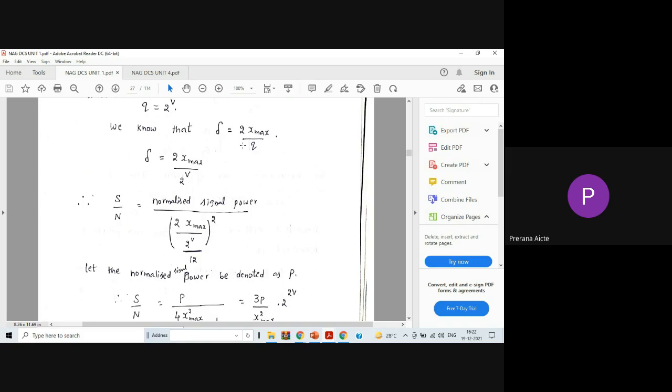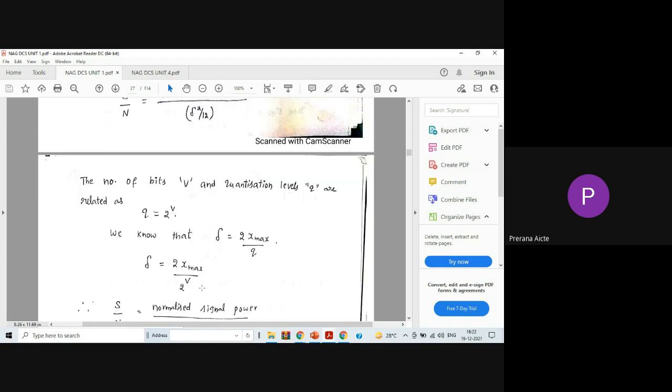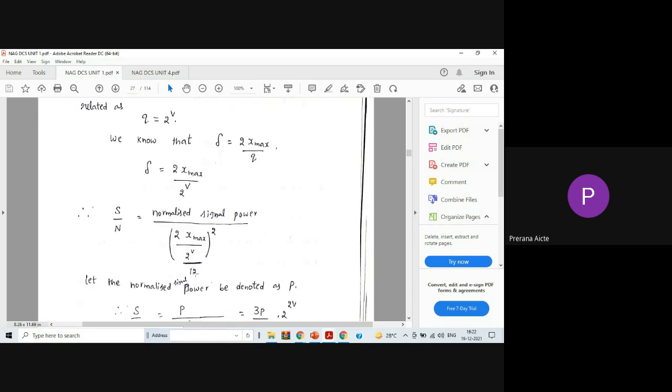What is the delta value? 2 into X max by 2 power V, whole square by 12. Why? Because here the noise power is delta square by 12.